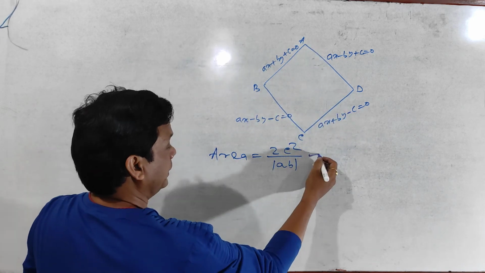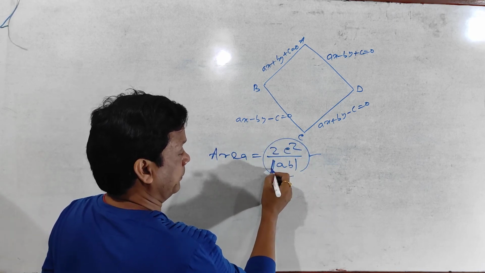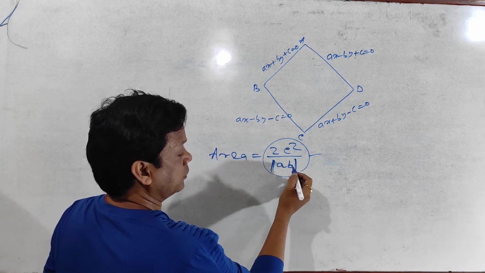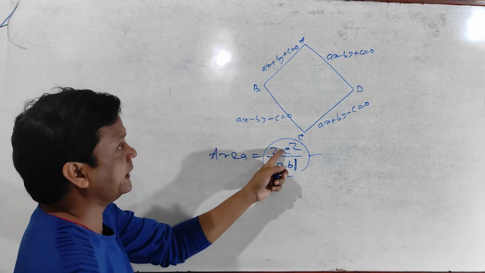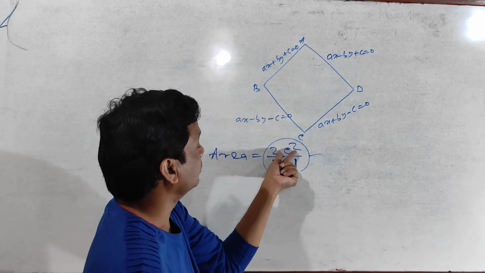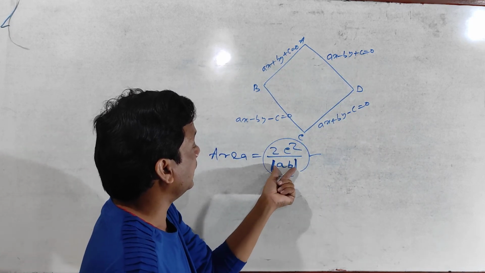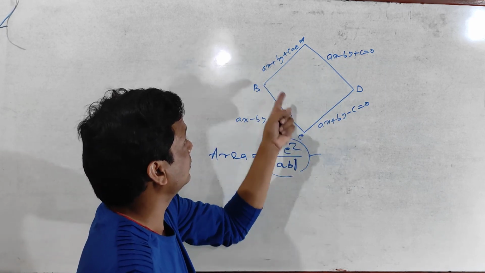The formula is area equal to 2c squared divided by the modulus of ab. Area is always positive, so you should take its modulus. What is c? It is the constant term, squared. In every case, only the sign of a and b changes.